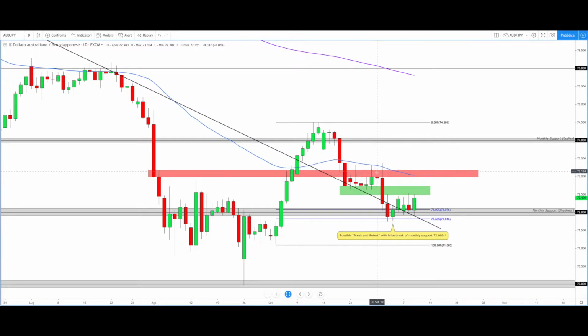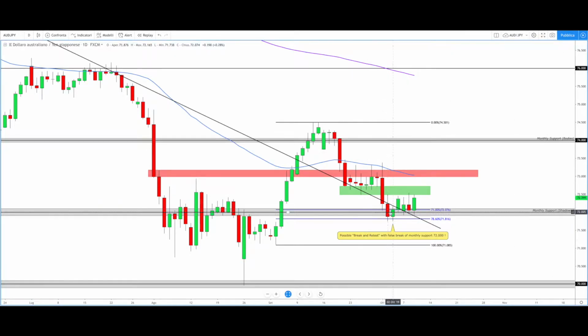We can see, guys, that last week after this consolidation area the price formed this big bearish candle that brought the price to break this key level 7.2.